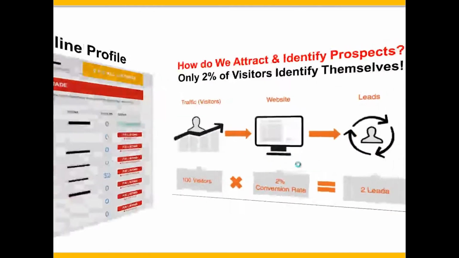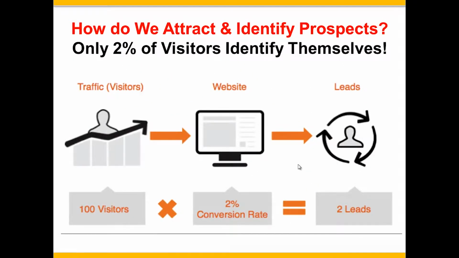So getting back to what we're really here for, which is how do we attract and identify prospects? Do you realize that only 2% of visitors to a good, solid real estate website that has an IDX feed and has lots of data on it actually ever identify themselves by asking for information or calling you or sending you an email? Only 2%. That means that 98 out of every 100 visitors to your website go away without ever contacting you.